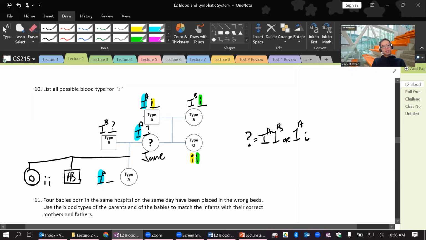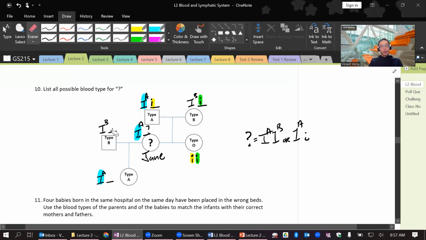Does it make any sense? I hope it does. I have a question. Yes, please. So the type B father, wouldn't it just be IB i? Because if it was IB IB, then they couldn't have a type A. Yeah, that is also an excellent point. Leah is saying, let's forget all these extra things that we've added.